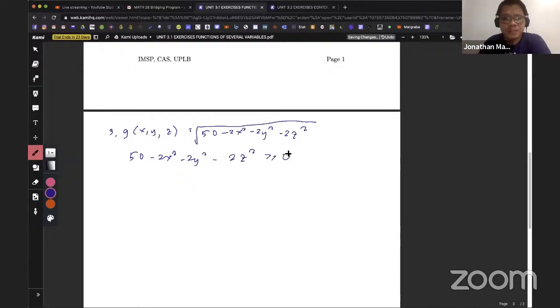Or if you manipulate this expression, what should you get here? You should get x squared plus y squared plus z squared less than or equal to 25. Am I correct?